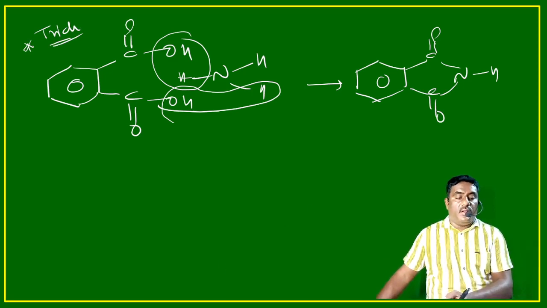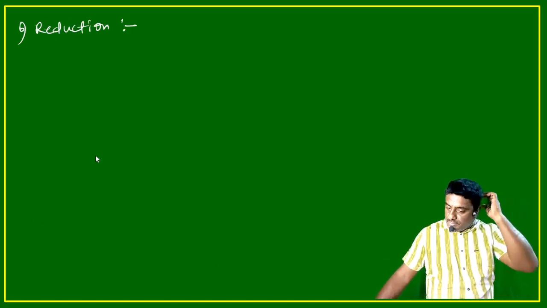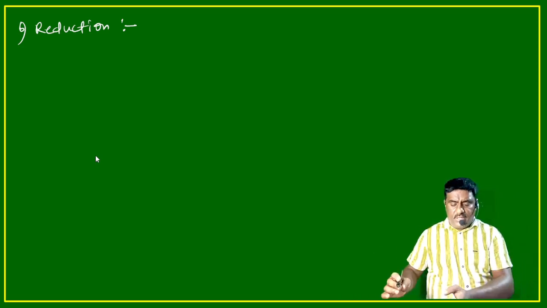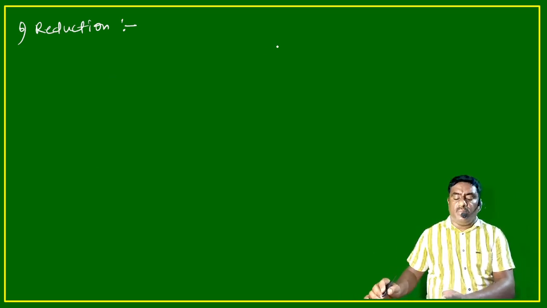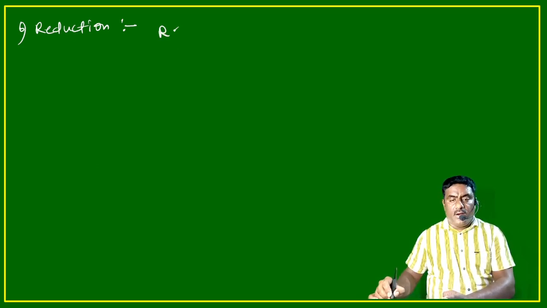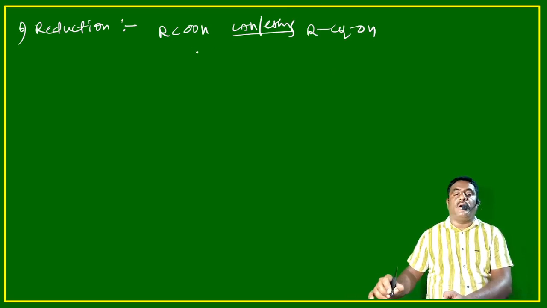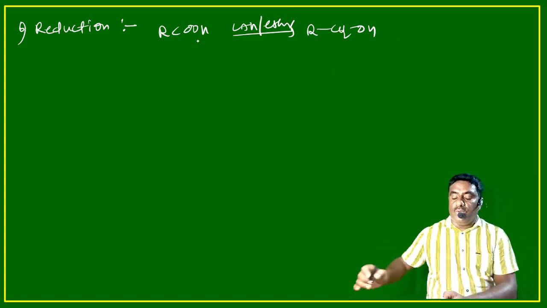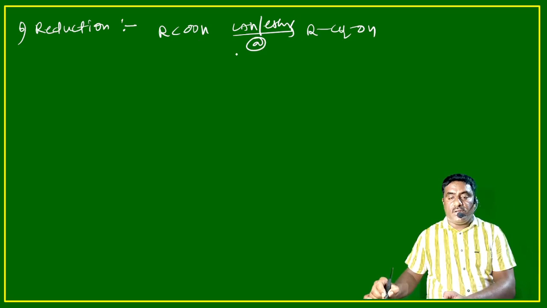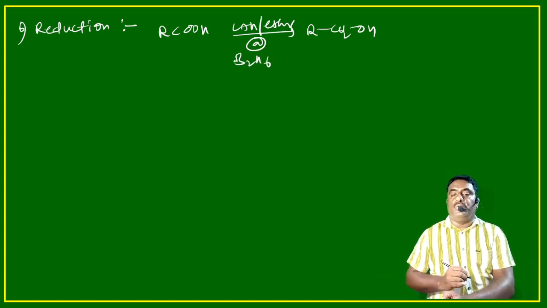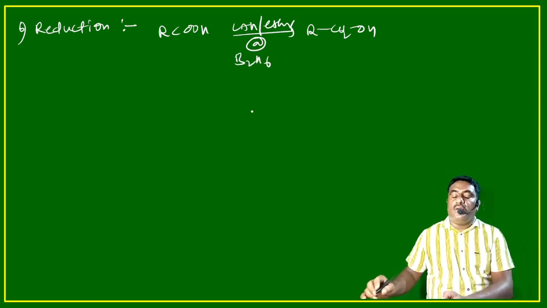Have a look at the next method: reduction. What is the reducing agent? Lithium aluminum hydride. Carboxylic acid RCOOH in presence of LAH in ether gives alcohol, RCH2OH. Carboxylic acid reduction gives alcohol. Instead, B2H6 can also be used, lithium aluminum hydride and diborane.